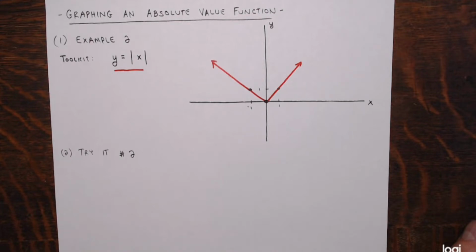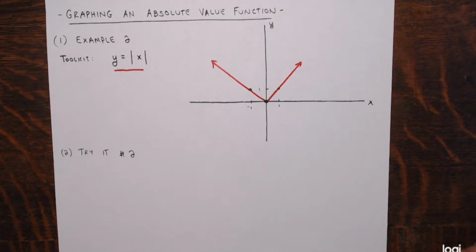When I do the vertical transformations, I prefer doing the multiplication first, stretches, compressions, or reflections, and then the shifts, the adding or subtracting, moving it up or down. When performing horizontal transformations, I do it the other way. I do the shifts first, moving it left or right, and then replacing x with a number times x to cause a horizontal compression or stretch, or even a reflection if it's a negative number.